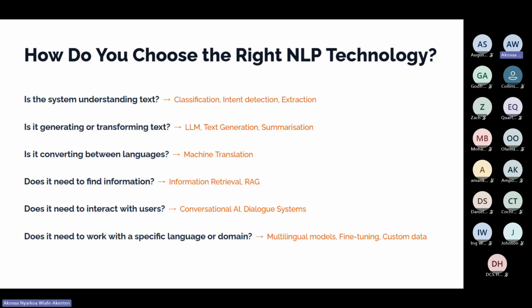Another question: is your solution converting between languages? If it is, then instantly you are moving towards the machine translation aspect. Now, LLMs can perform these tasks too, but you shouldn't automatically choose them.